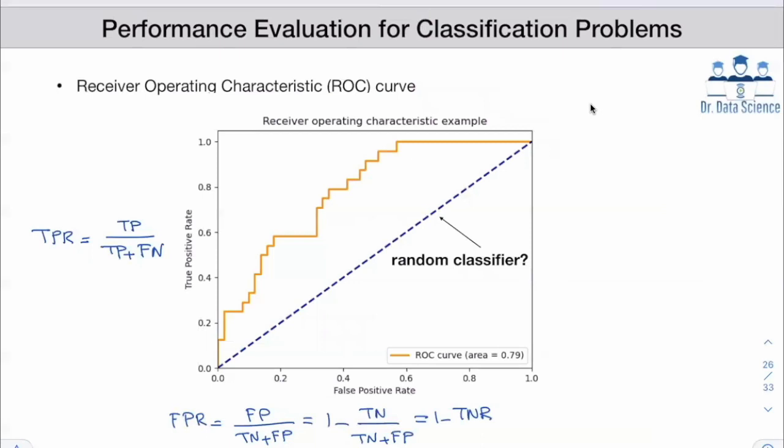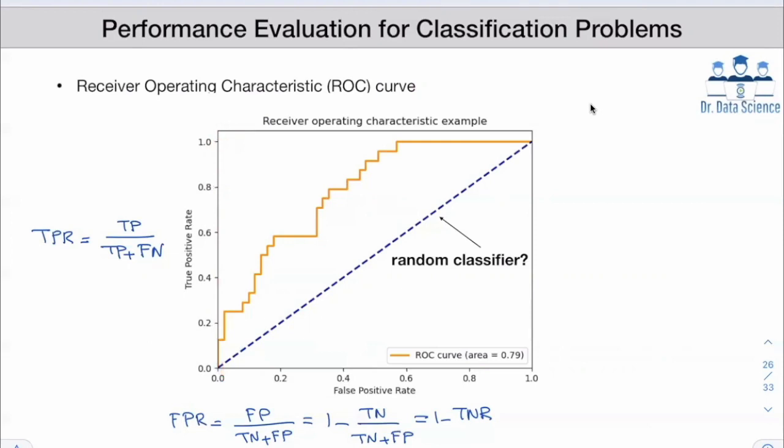And obviously, we want the true positive rate to be as close as possible to 1 and the false positive rate to be as close as possible to 0. This means that an ideal classifier should reach this upper left corner and have a form like this, with true positive rate very close to 1 and false positive rate very close to 0.